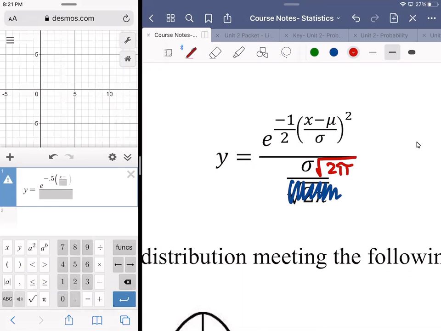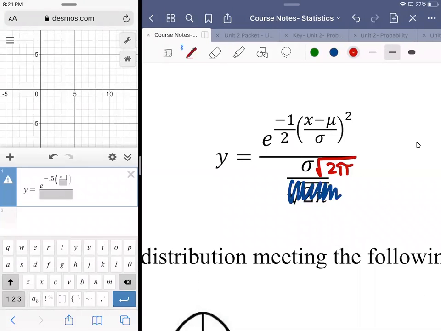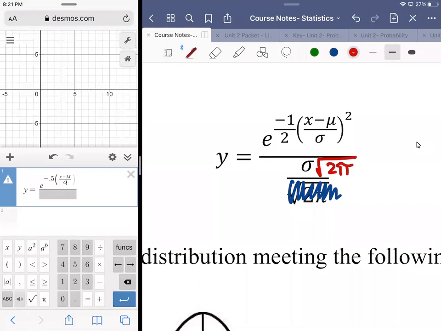Now, getting a mu on Desmos is kind of a pain, unless you have an add-on. You could try to type in mu, but like I said, it's a pain. So what I do is I just use a capital M, and then a capital O, or whatever symbol you want.